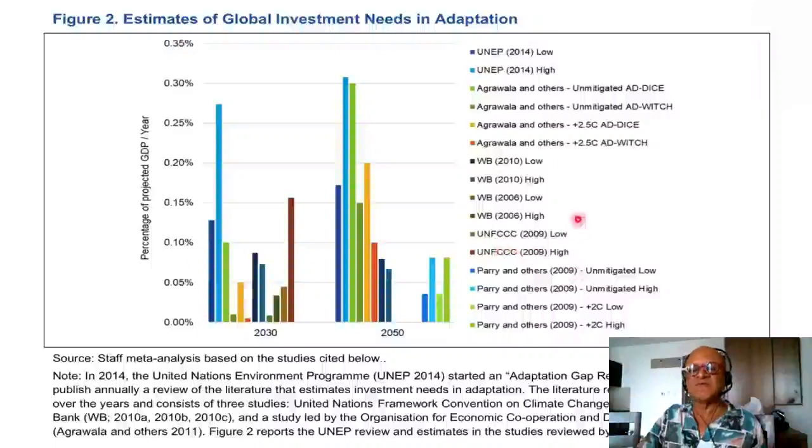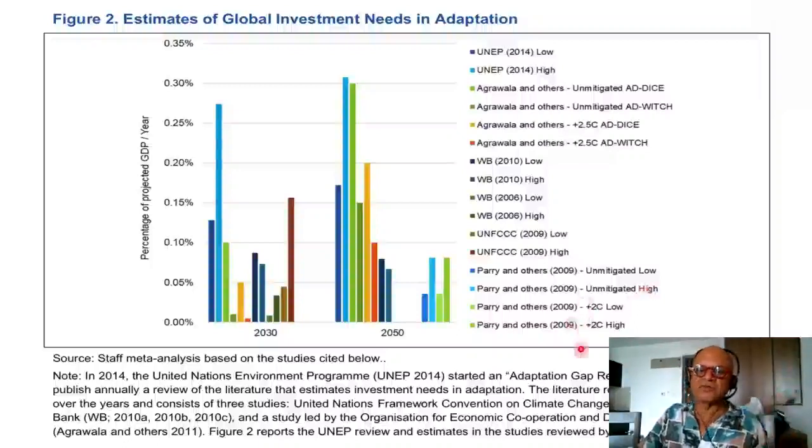UNFCCC self-provided low and high just after the AR4 report was released, and then there are other studies which make different assumptions about the costs based on unmitigated low, unmitigated high. So whether mitigation has been reducing the impact of human activities on the warming or not.